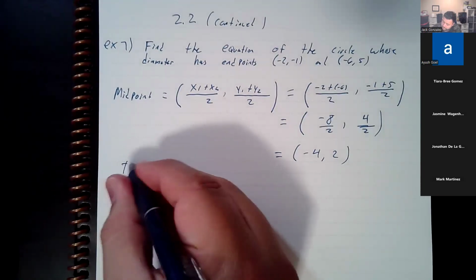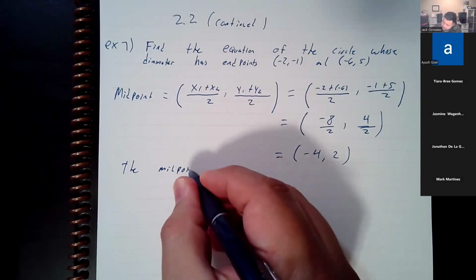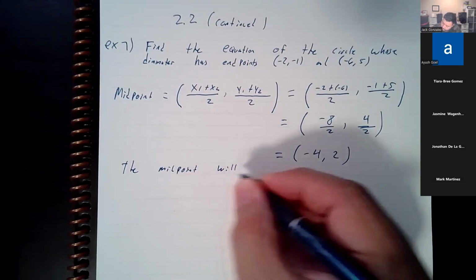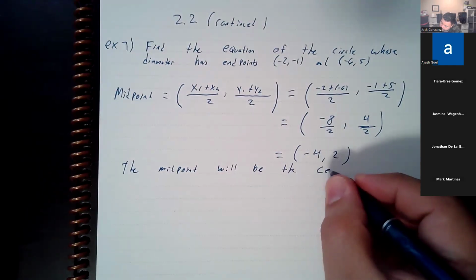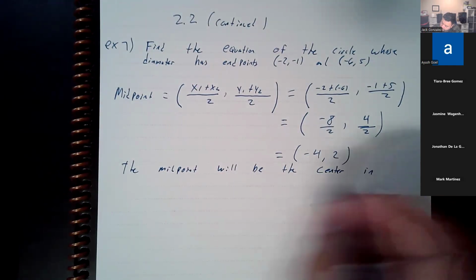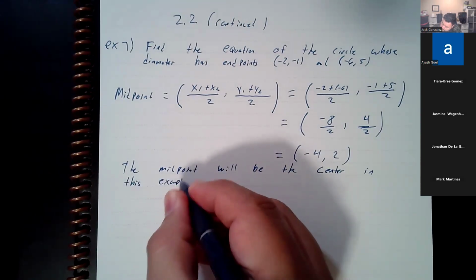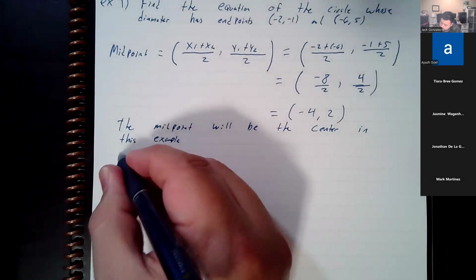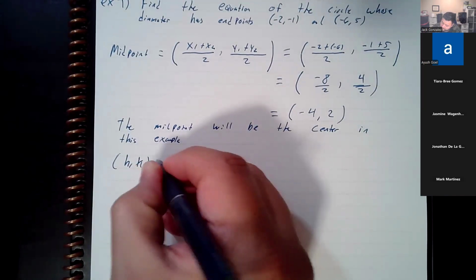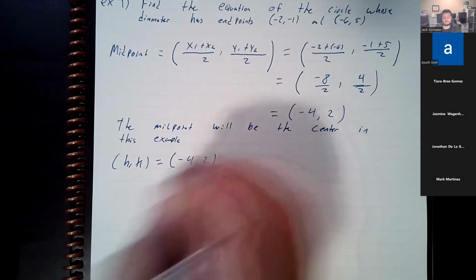So the midpoint will be the center in this example. So H, K is equal to (-4, 2).